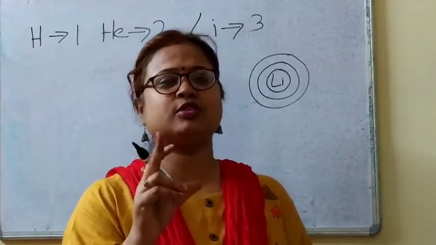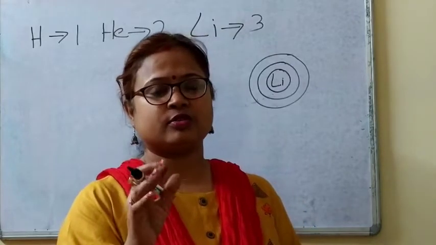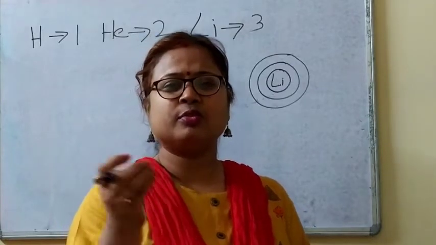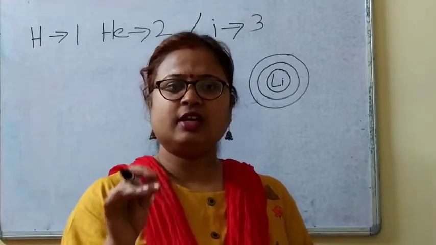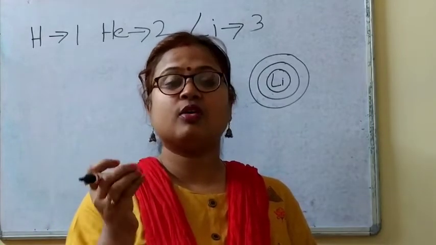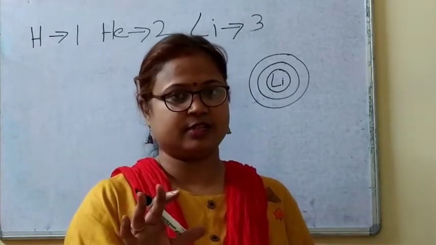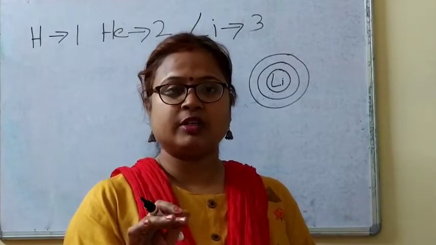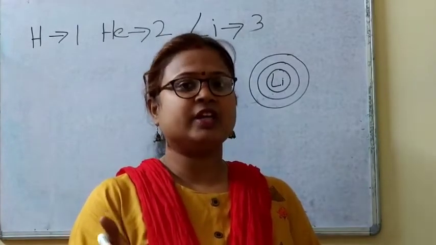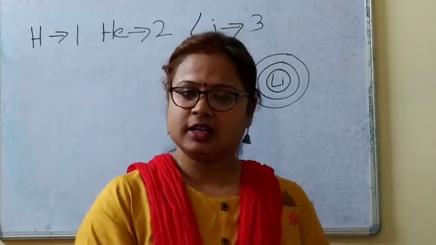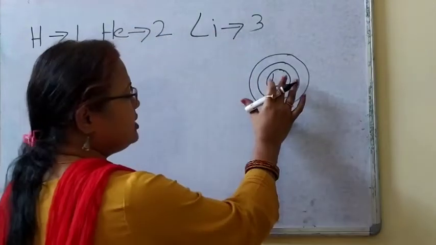But the first orbit always has 2 electrons. It goes on like 2, 8, 18, but generally elements have 8 electrons or fewer in their outermost orbit, and accordingly they combine with other elements. So take the example of lithium.